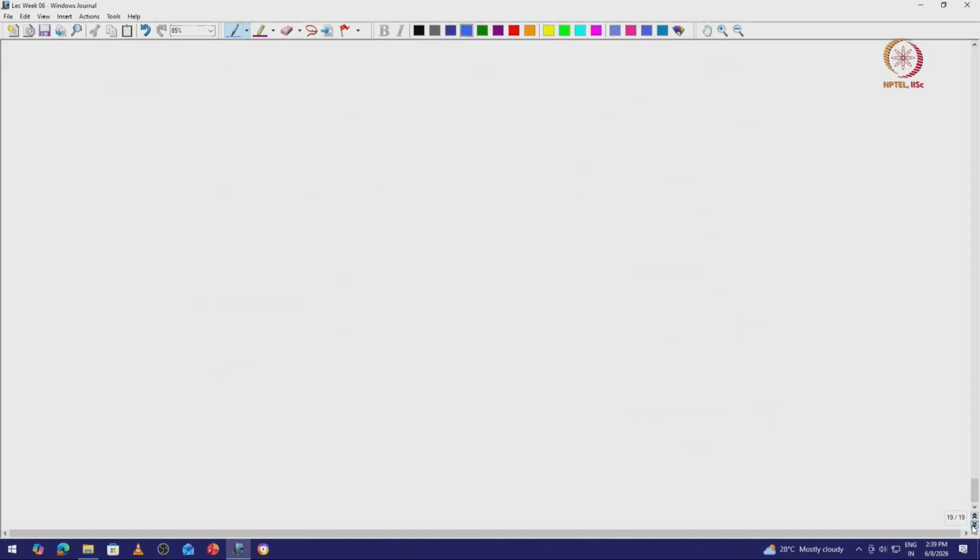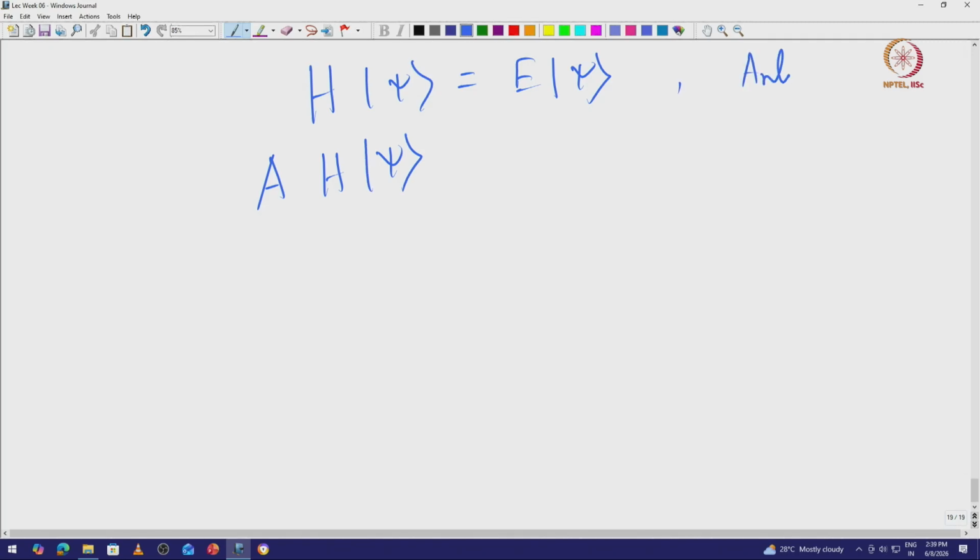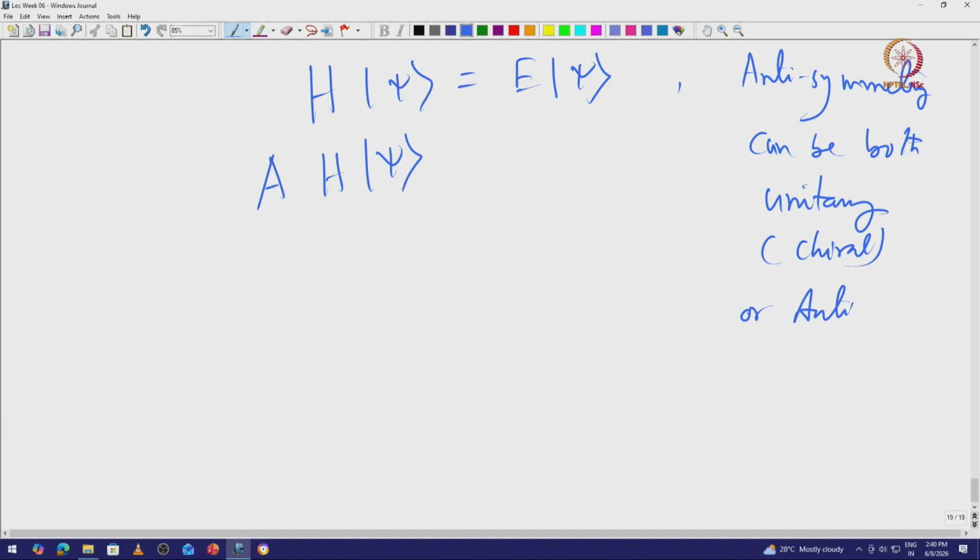And if that happens, and I am studying some energy eigenstates of a Hamiltonian, and if I apply anti-symmetry, and anti-symmetry can be both unitary like chiral or anti-unitary like charge conjugation.